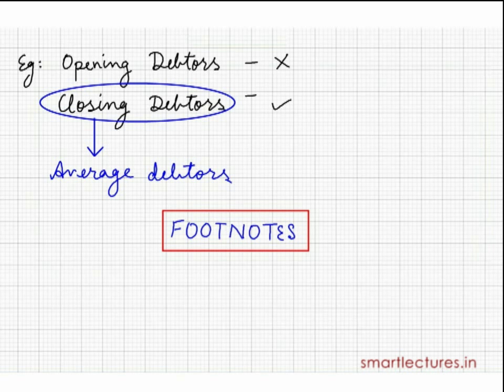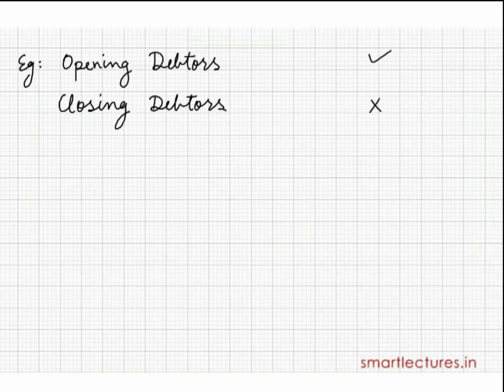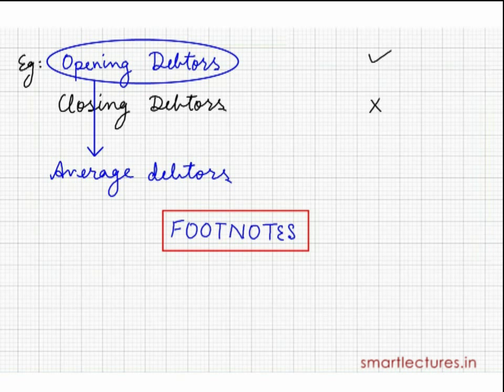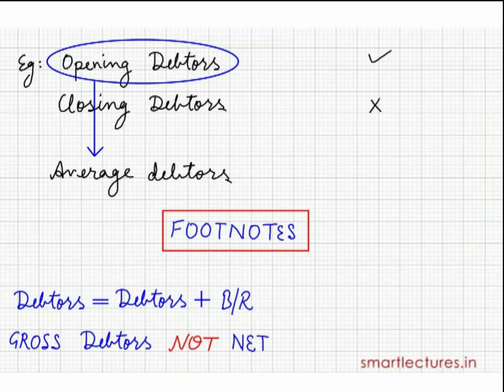Or in some question you may find opening debtors but closing debtors are missing. In that situation, opening debtors will be taken as average debtors. Be careful. Debtors means debtors and BR, and gross debtors, not net.